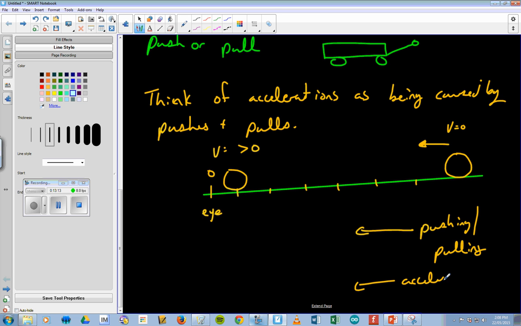Now look at all these arrows. We have velocity in this direction. Is that left or right? Left. And in physics, left is a negative direction. We have our push or pull in the left direction. We'll call that F, because we'll call it F later.